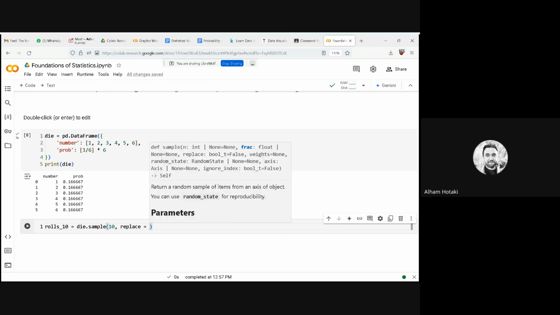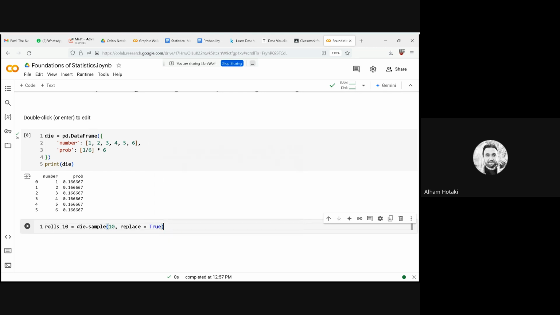We want to know whether the sample will be replaced or not in each roll. That's very important, because if you make it false, the events will be dependent. If you make replace true, the events will be independent.